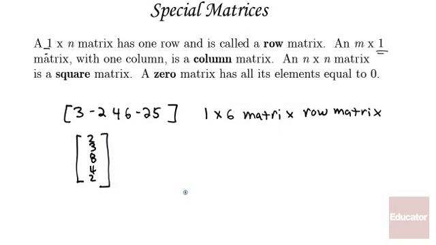Okay. So here I have 1, 2, 3, 4, 5 rows. I have 5 rows, but I have only one column. So this would be a 5 by 1 matrix, and since it has a 1 right here, this is a column matrix.